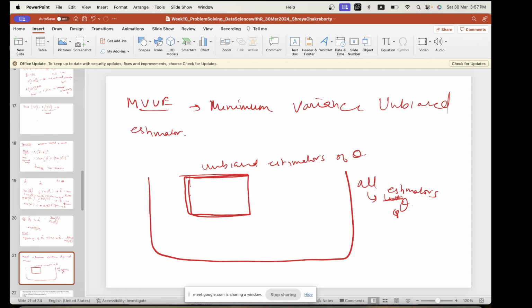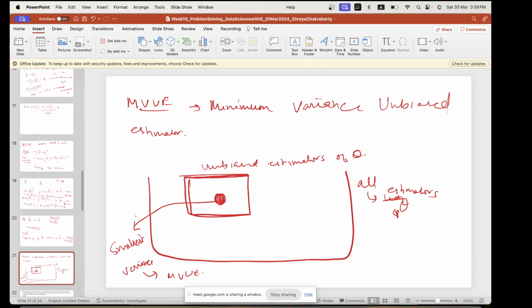Among these, the one, let's say this point, that has the smallest variance is the MVUE. This is in some way the best estimator, because it is very close to theta in the expected sense, and it is attaining the minimum variance that is possible.